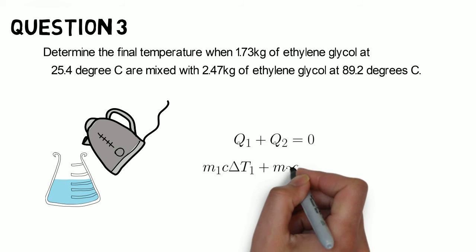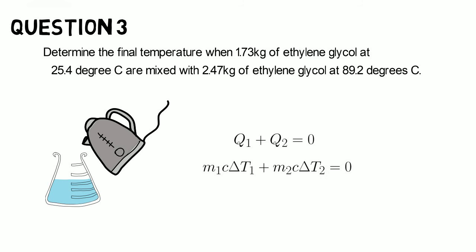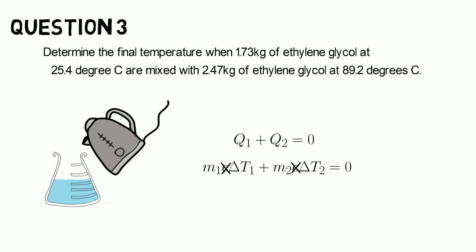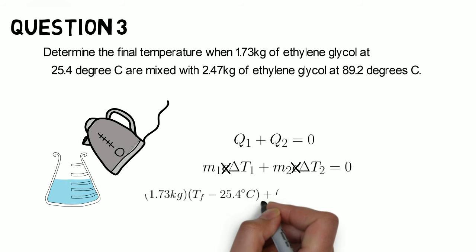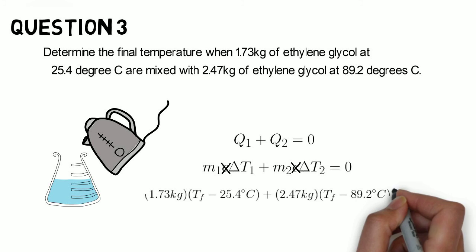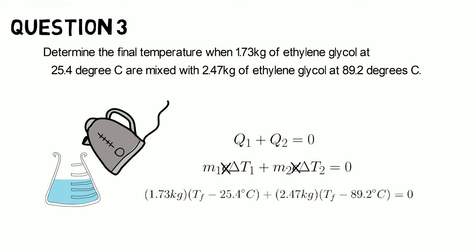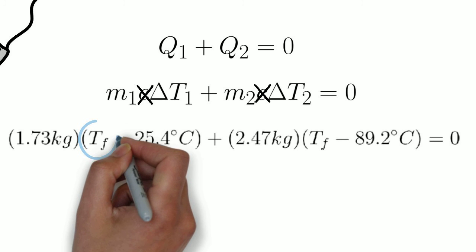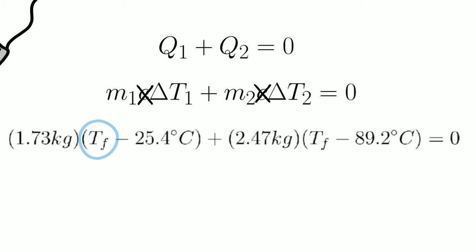But when we expand that to mc delta T, because we're mixing two identical substances together, the specific heat capacity can cancel, and we can simplify the equation a bit. As we sub in our values, remember that delta T is T final minus T initial. Now, each substance has a different initial temperature, but the final temperature is the same.